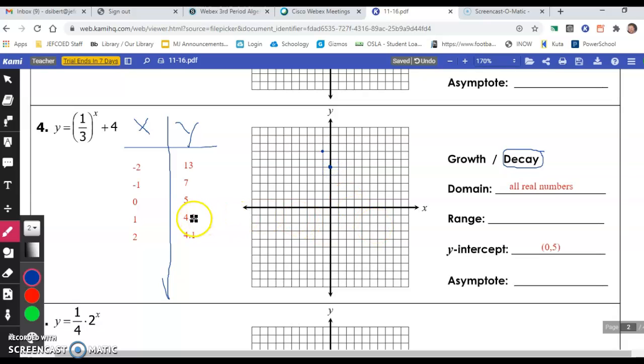Okay. Then we're going to go 1 to 4.3. So 1, 1, 2, 3, 4.3. And then we're going to go 2, 4.1. And again, you guys just get as close as you can. All right. And then now we're just going to connect these.